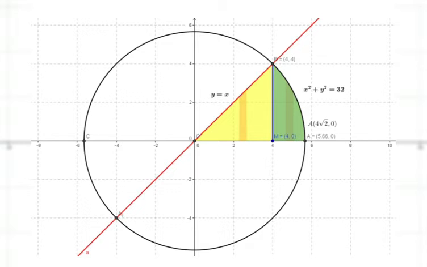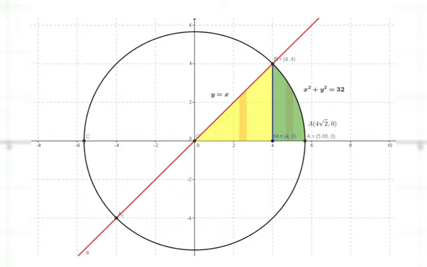Now, the area which is shown in yellow color, it is under the line, while the region colored in green, it is under the curve or the circle.